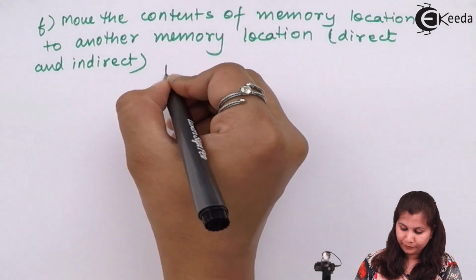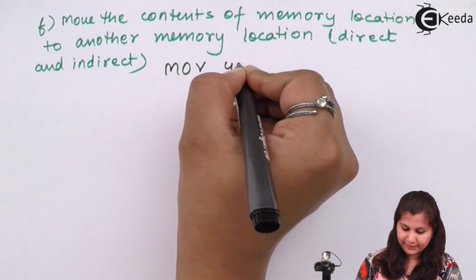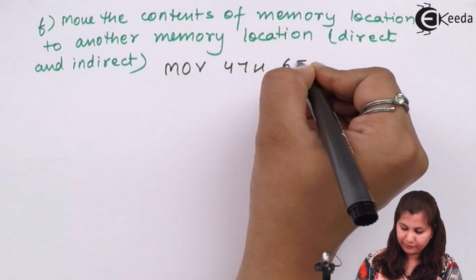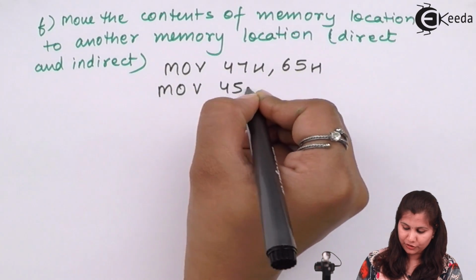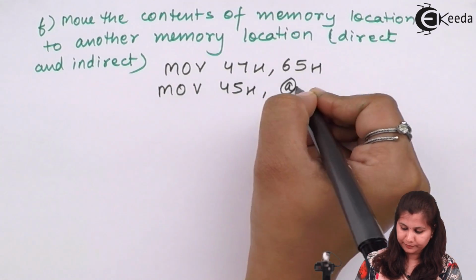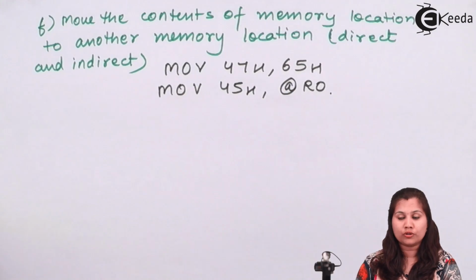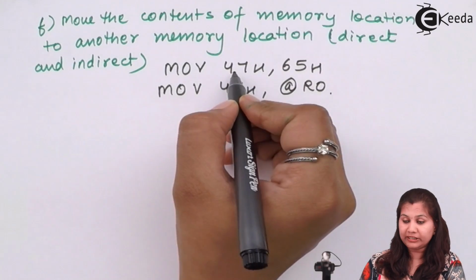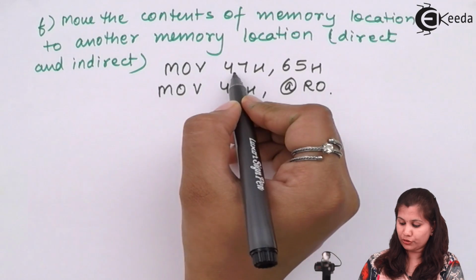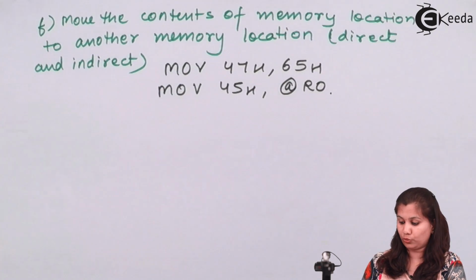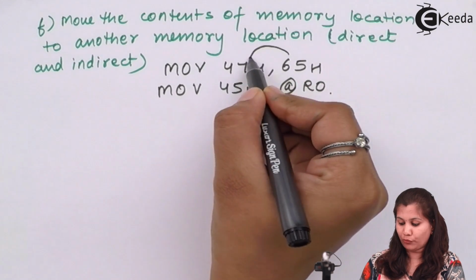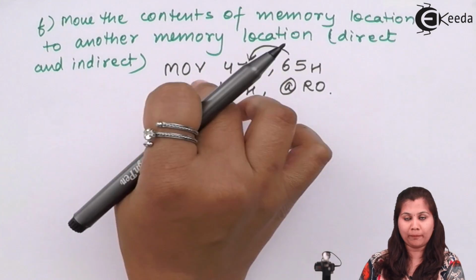Examples are move 47H, 65H, or we can use move 45H. So first we are directly giving the addresses of the memory location. So data transfer can take place between memory locations also. From 65H to 47H the data is copied.